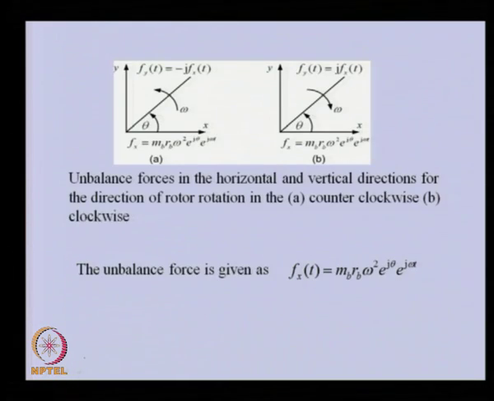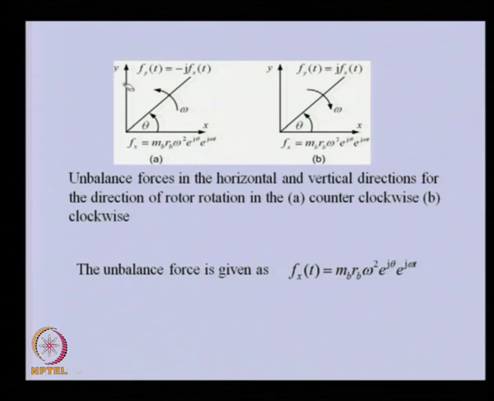So basically, the unbalanced force is m_b, mass of unbalance, into radius, omega square, the phase of that, and e^(j omega t). This is the frequency, because it is rotating with the speed of the shaft. Now this is Fx. Now Fy, because Fy is lagging behind Fx in the direction of rotation of the shaft by 90 degrees, because you can see the direction of rotation is clockwise.